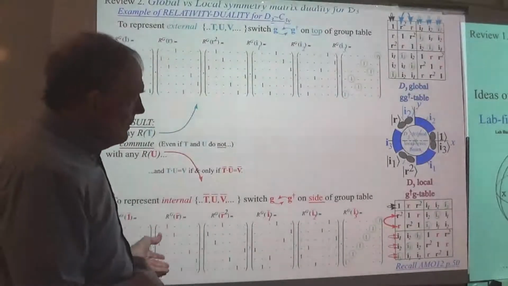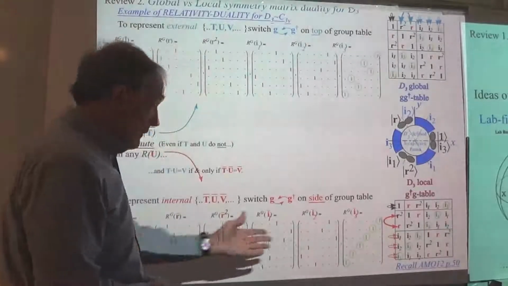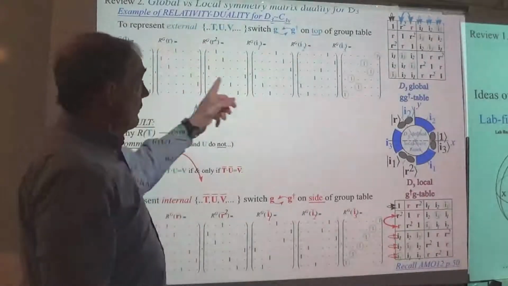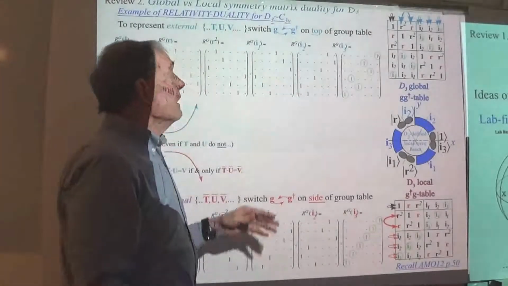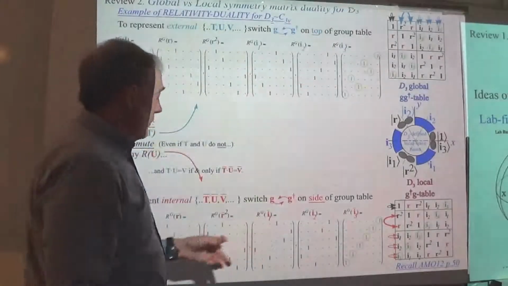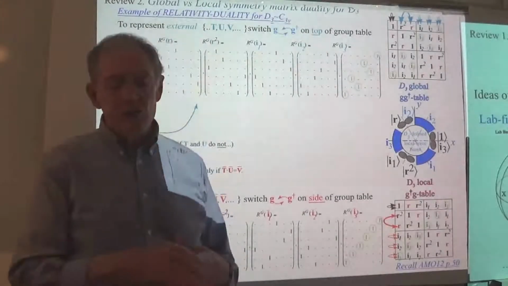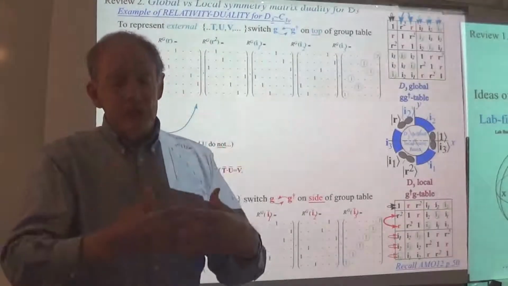So it's kind of amazing that all of these don't commute with each other essentially at all, and all of these, same thing, but every one of these commutes with every one of these. That's something I want you to see just in the mechanics of the matrix structure.